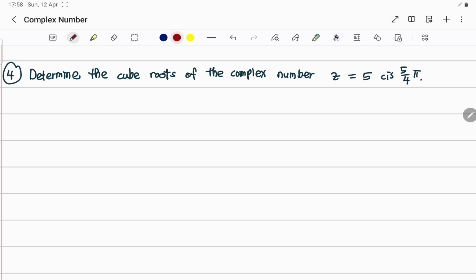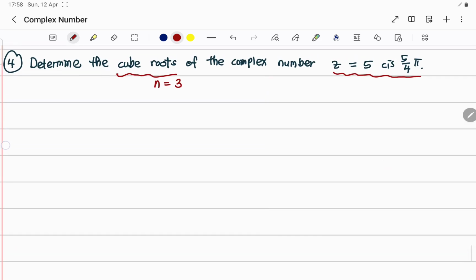Which is, they ask you to determine the cube root. To determine the cube root by right, we have 3 roots that we have to find right now, which is your n is equal to 3. And then this is our complex number.